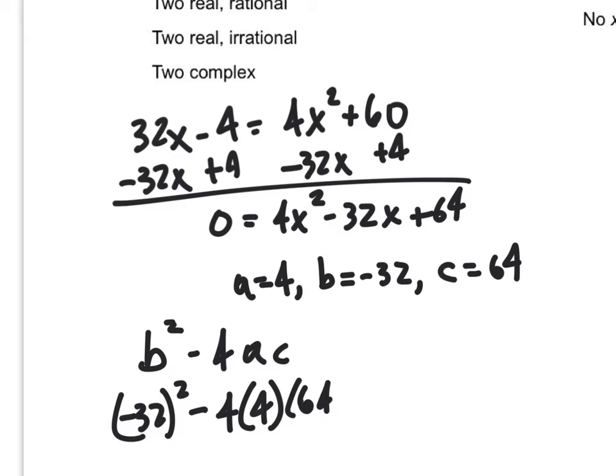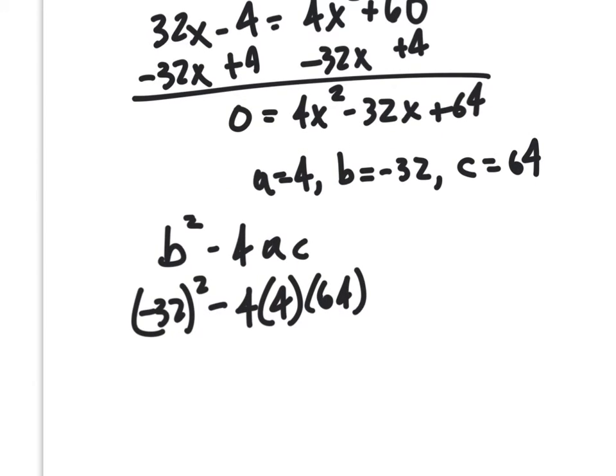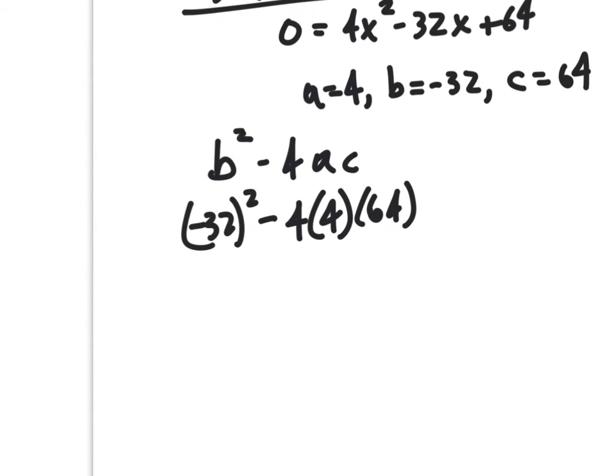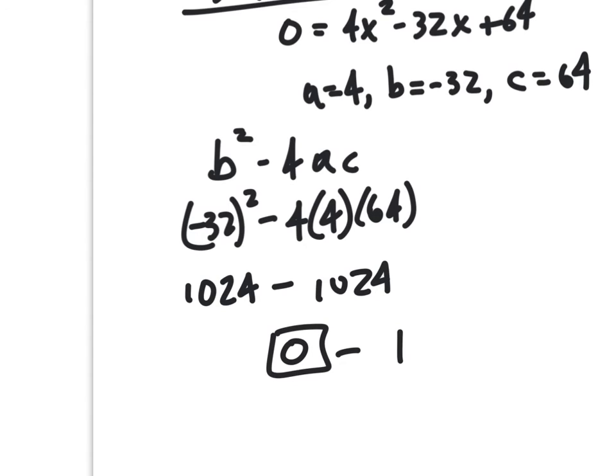64. Let's see what happens here. 32 squared is going to give me 1,024. So 1,024 minus 16 times 64, which is 1,024, gives me a value of 0, which means I have one real solution.